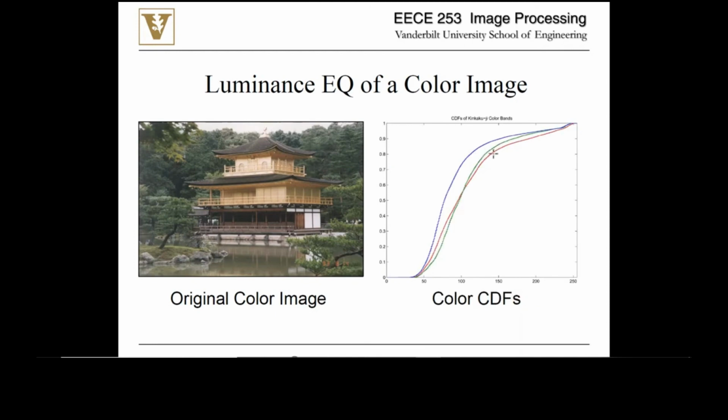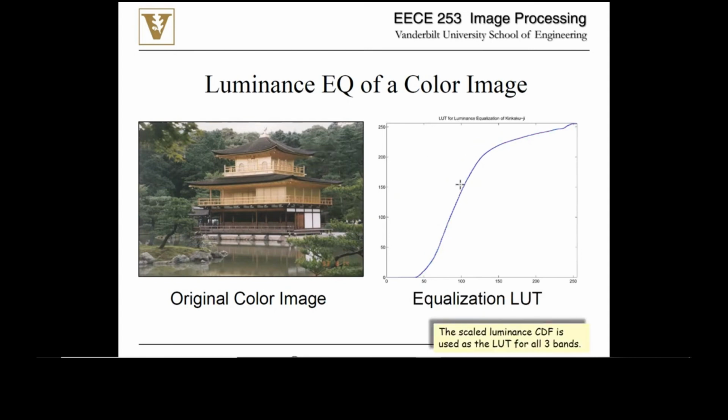So why is that? Is it that the cumulative distribution function of the luminance looks more like the green one? Because you have 2 green pixels for each red? No.